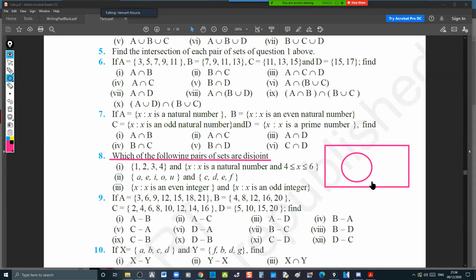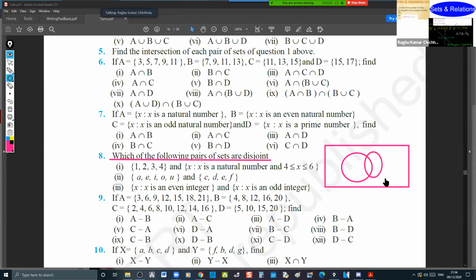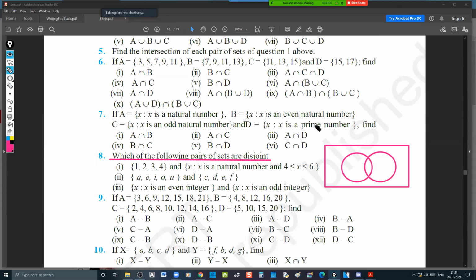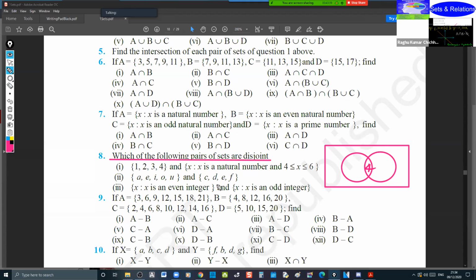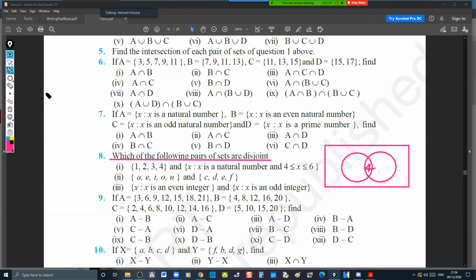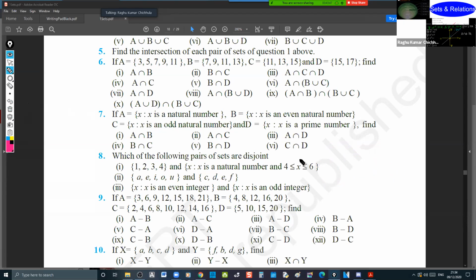Sir, 4 is common, so you cannot say that. Not disjoint. The second one is also not disjoint, because E is there. So the third one is disjoint. That's good. So this is not disjoint, this is not disjoint, this is disjoint.